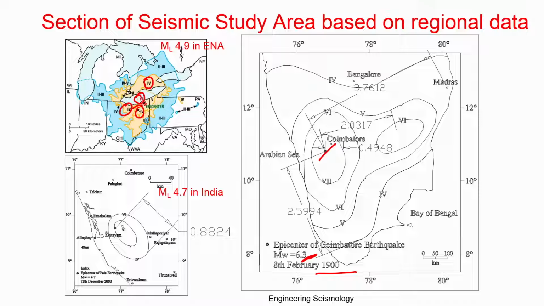So instead of taking some literature from elsewhere, which may or may not be applicable to us, let's understand our own earthquakes. That is why we discussed seismic events or earthquakes reported in India. We have given a few classical examples. So the isoseismal map, understanding that damage, will help you identify your seismic study area.